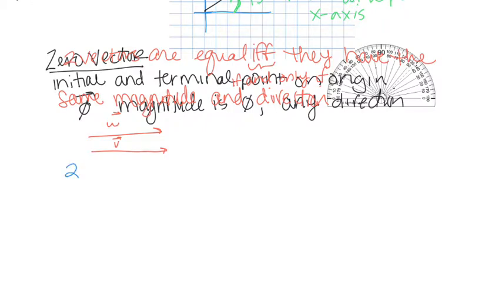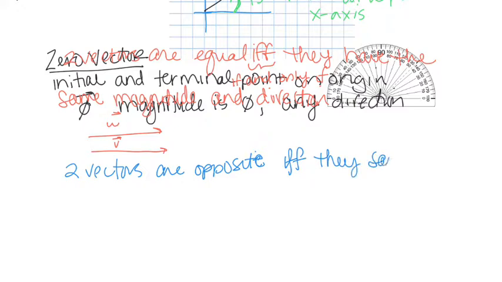Two vectors are opposites if, and that's an if and only if again, they have the same magnitude, but opposite direction.